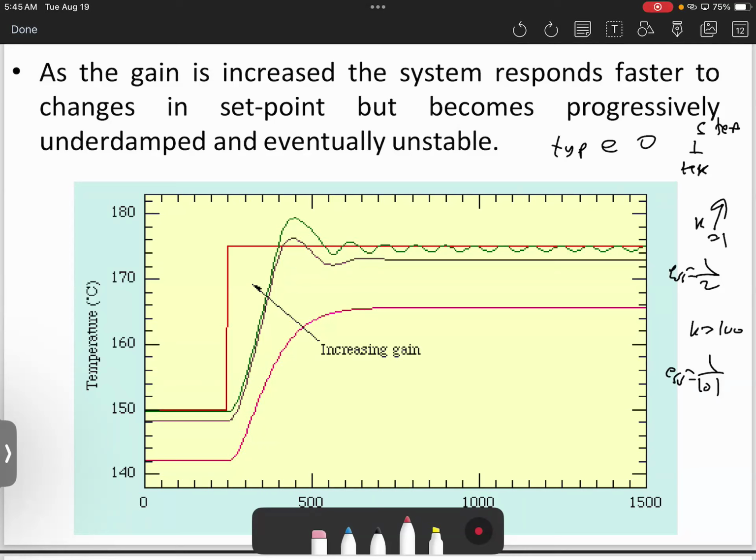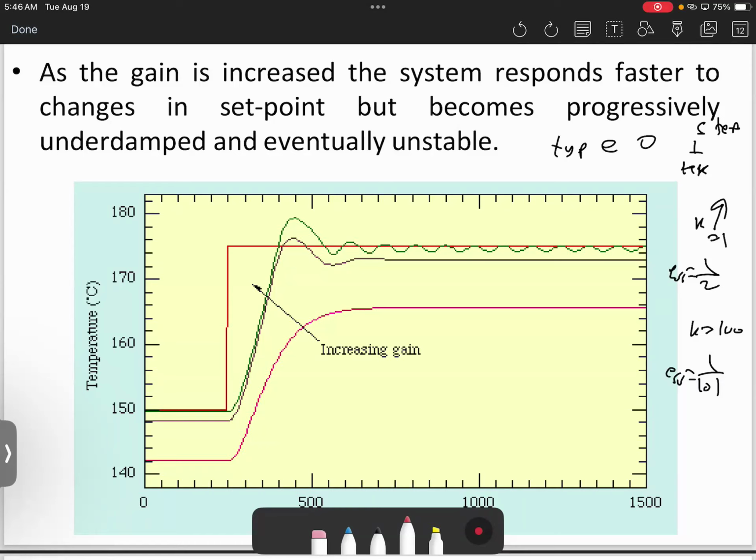So maybe I can increase the gain and reduce the steady state error, but I can reach a point where there is, for example, 10 degrees steady state error, and I cannot solve it. Assume you're driving a car and you want your speed to be 80 kilometers per hour. Your controller will achieve only 70. This is useless.